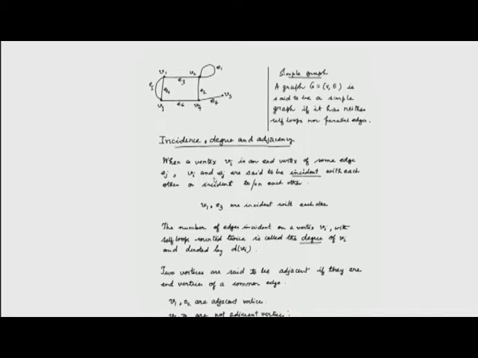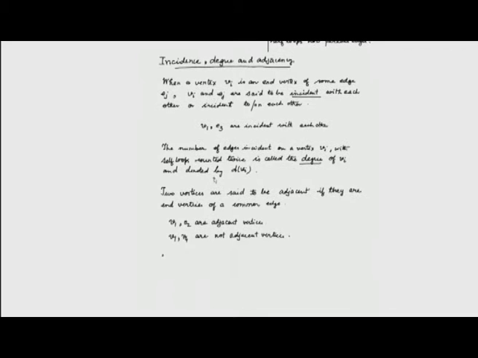Next, we talk about adjacency of edges. Two edges are said to be adjacent if they are incident on a common vertex.